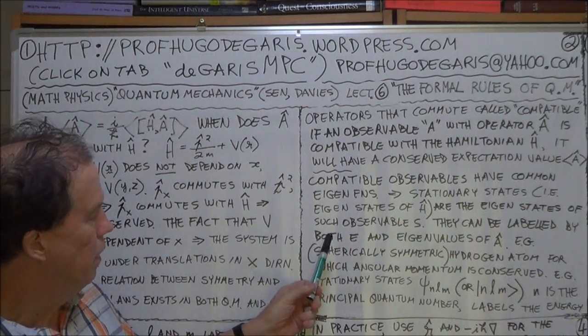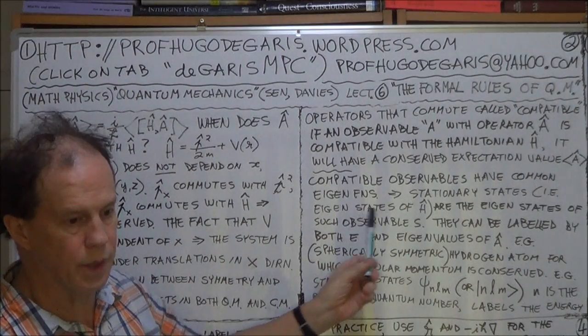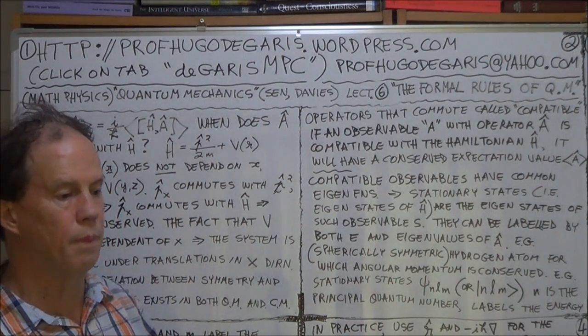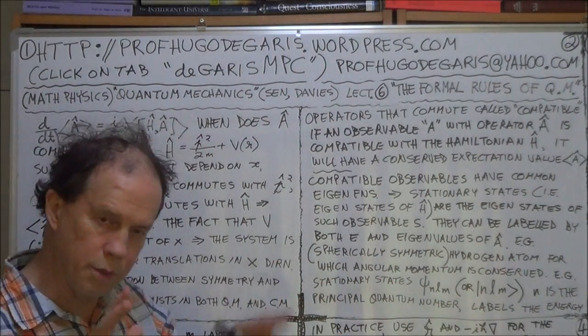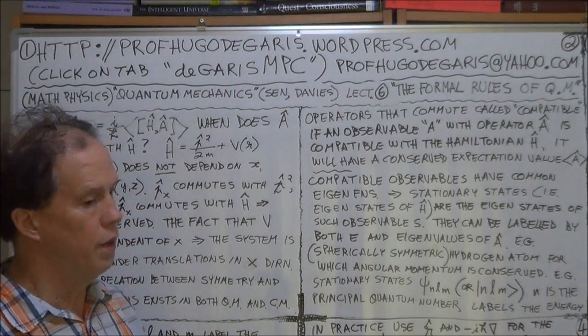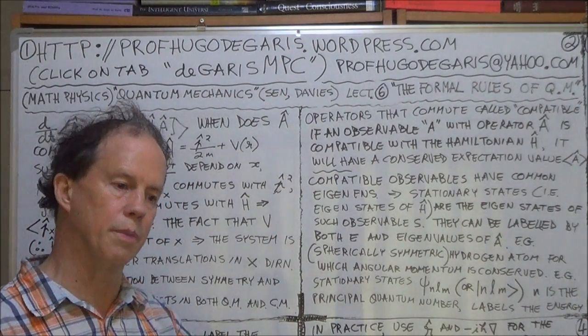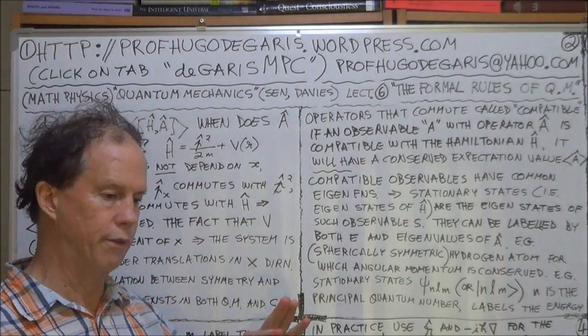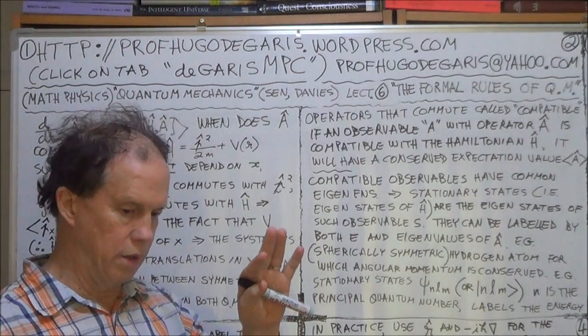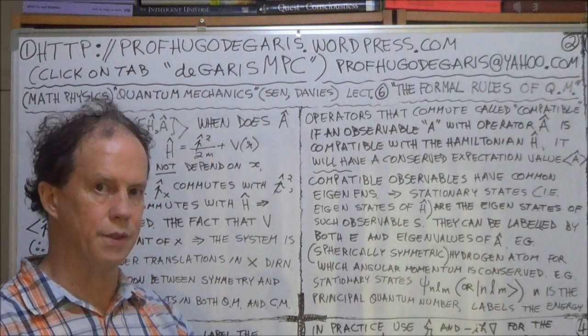So basically, what this is saying is, when you have two observables that are compatible, so the commutator of their corresponding operators is 0, then you can label their common eigenstates. If you have A hat and B hat for two observables, A and B, they'll have common eigenstates.